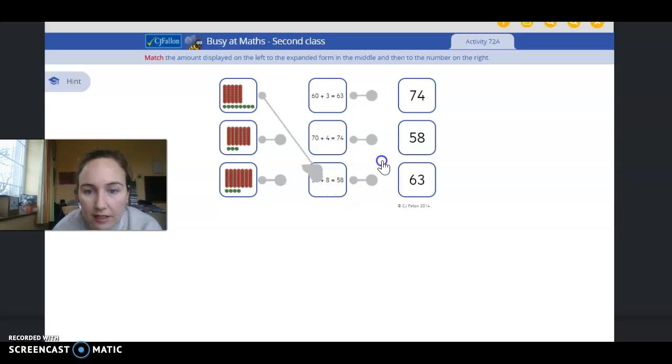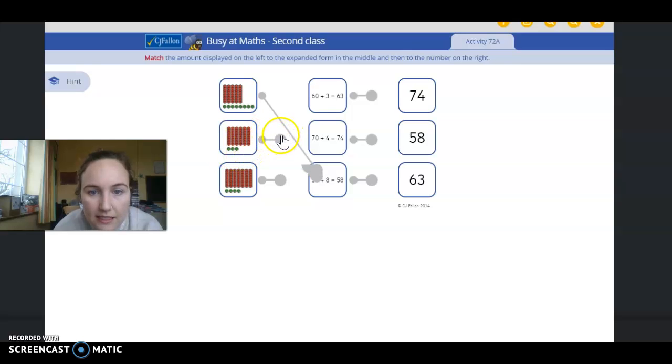58. Okay, that one's not working now, so maybe I need to do all these first on this side. I'm going down to the second one and I'm going to count up the tens. So 10, 20, 30, 40, 50, 60, and 3 units. So 61, 62, 63. So 6 tens making 60 and 3 units.